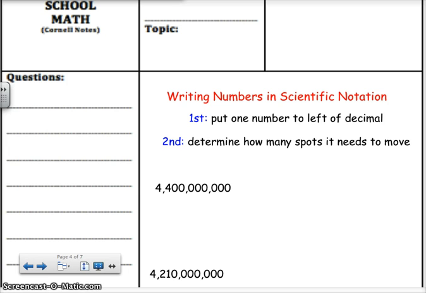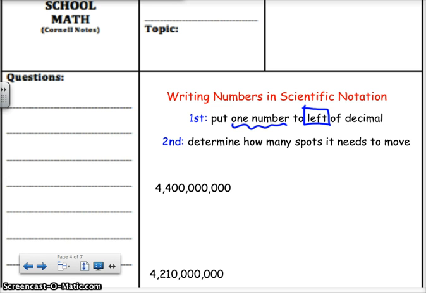So our next objective, we're going to write numbers from standard form in scientific notation. That means I need to have a number times 10 to some kind of power. So my steps: the first thing I do is put one number to the left of the decimal. Everyone box out left. One number to the left of the decimal. And then underline one number.